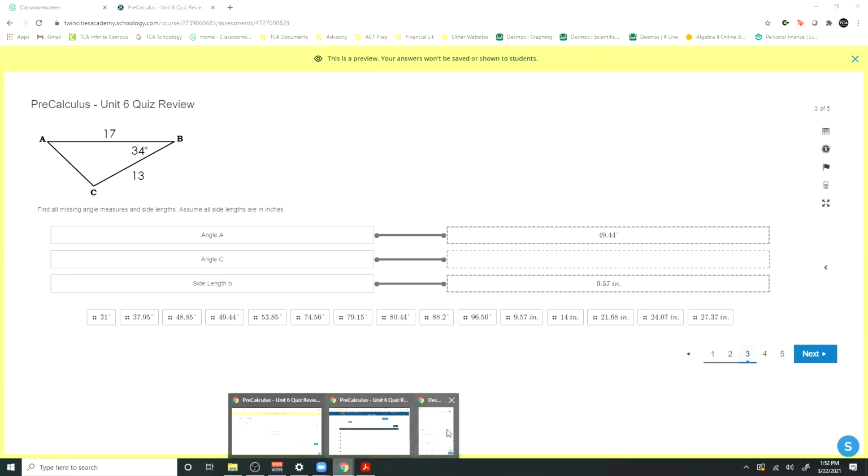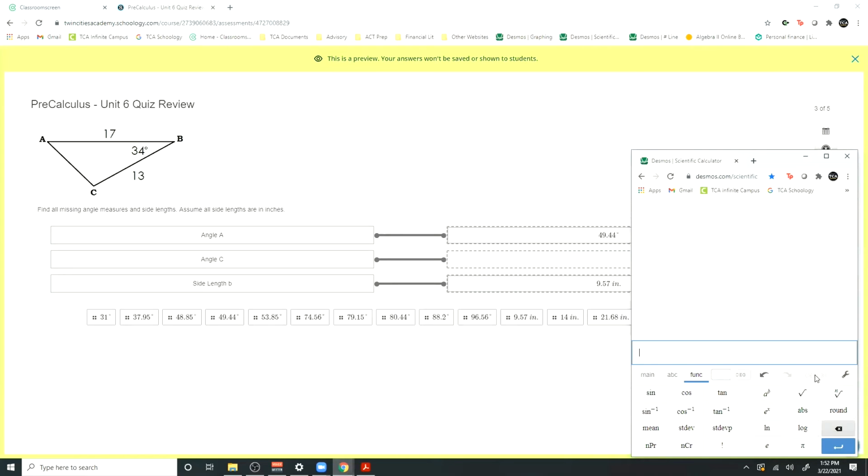So pull up my calculator again, and 180 minus 49.44 minus 34 is 96.56. Last angle measure here, 96.56, right here.